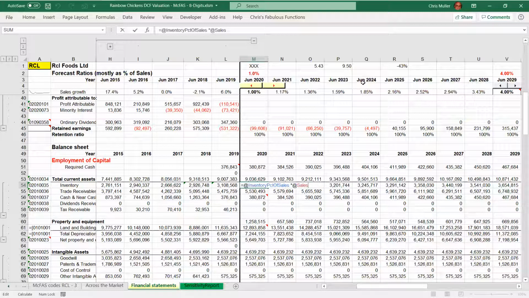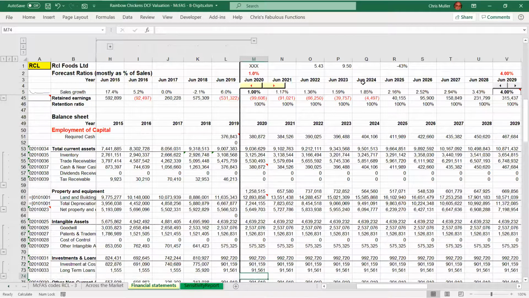And you'll see that we've linked them to sales. We have a ratio at the top: inventory percent of sales, and the same for accounts receivable, percent of sales, times sales. So all of those will grow with sales.